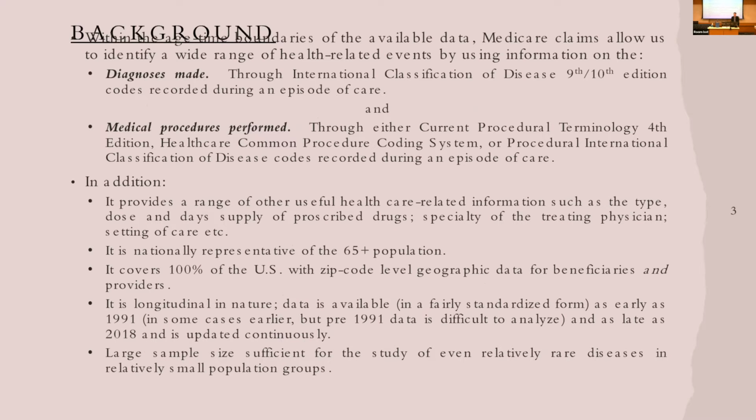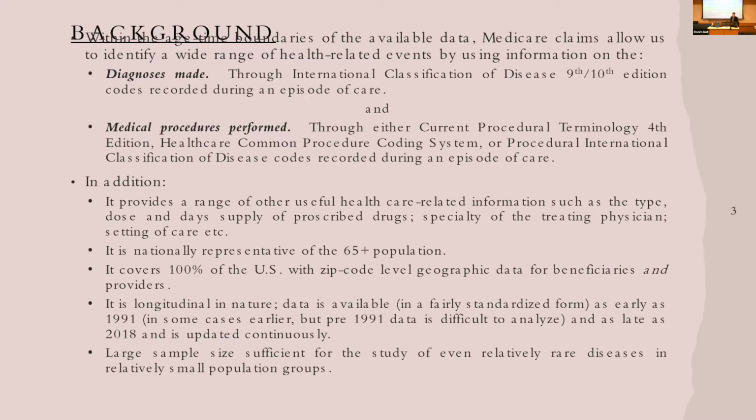Now, within the age and time boundaries of the available data, Medicare claims allow us to identify a fairly wide range of health-related events by providing information on diagnoses made, pretty much International Classification of Disease, 9th or 10th edition codes. Again, they don't necessarily translate one-to-one.